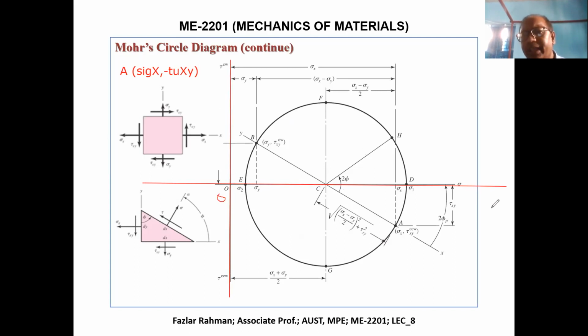Along it you mention your axis. So this is my sigma, and on the right side I put sigma positive. That means if sigma is tension, that will go right, and on the other side, sigma negative. In our case all are tension, but still you need to show it. Now tau.